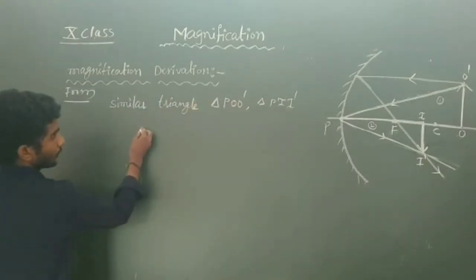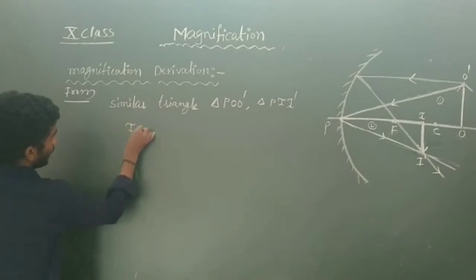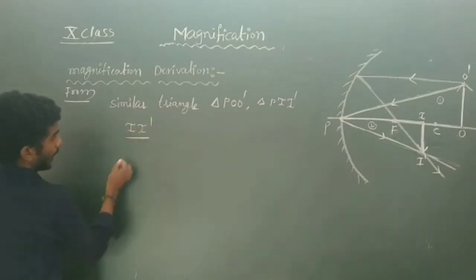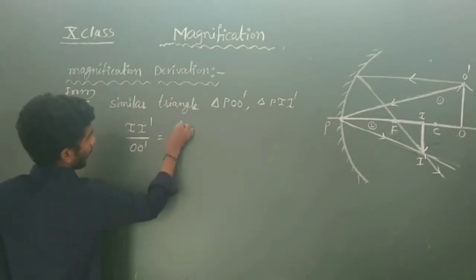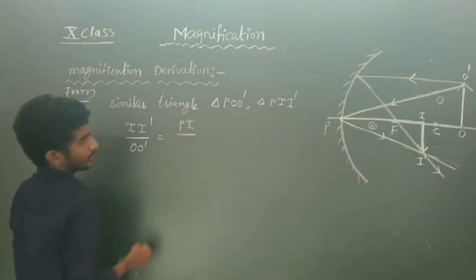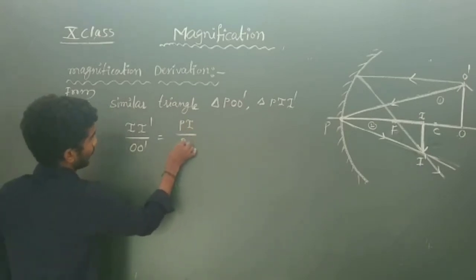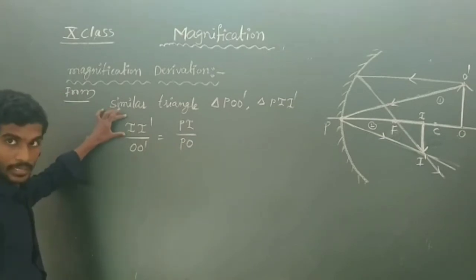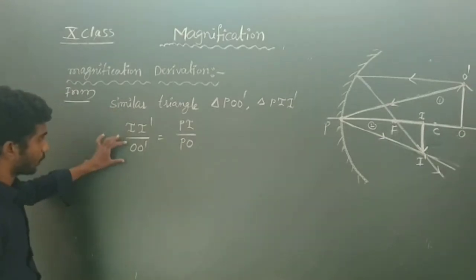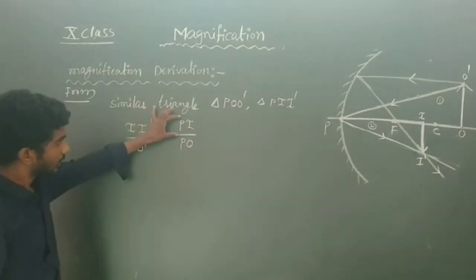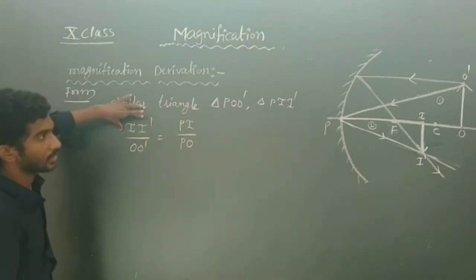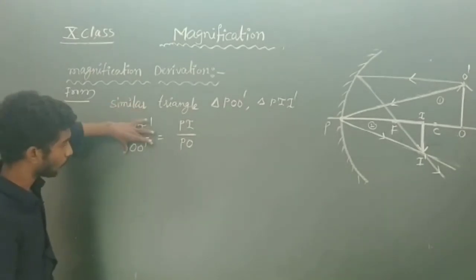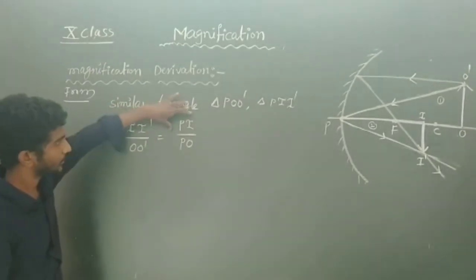So the ratio of I dash by O dash is equal to the ratio of P I by P O. I dash means the image, O dash means the object.